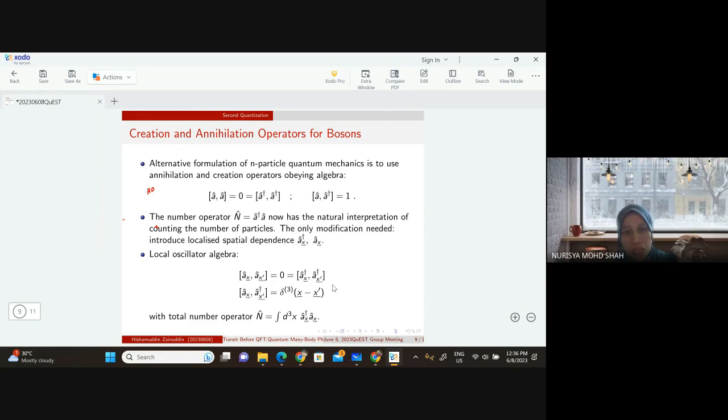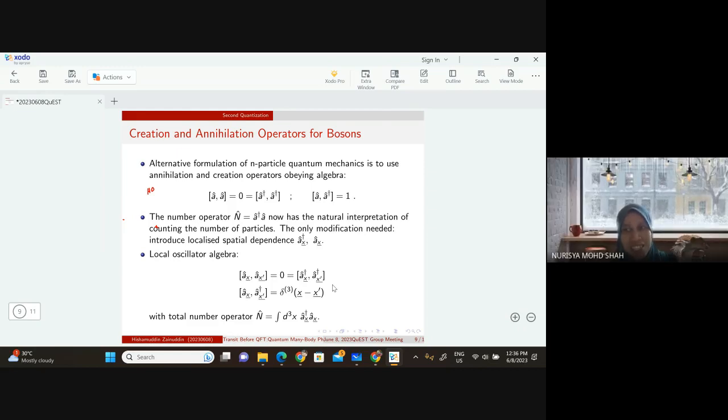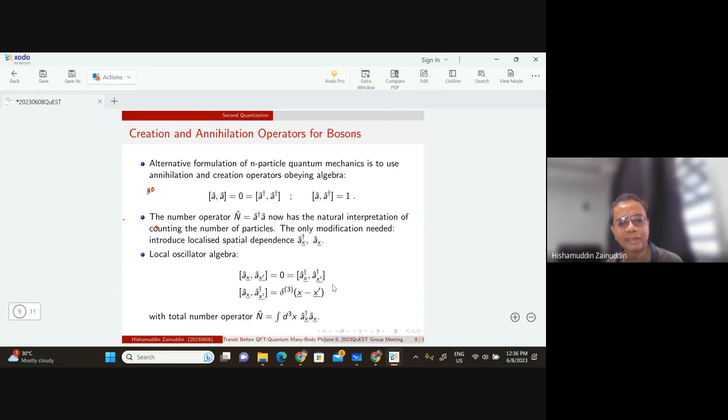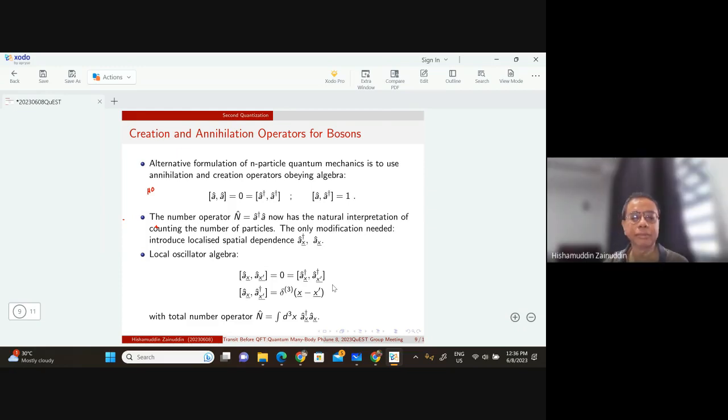If x equals x dash, then it gives you 1? No, it is your Dirac delta function. We would like to make it 1, but unfortunately not. The way it's been done, it has to be defined under an integral.